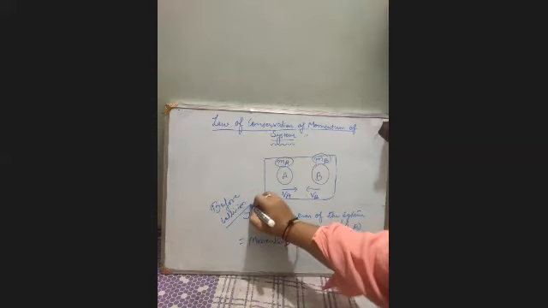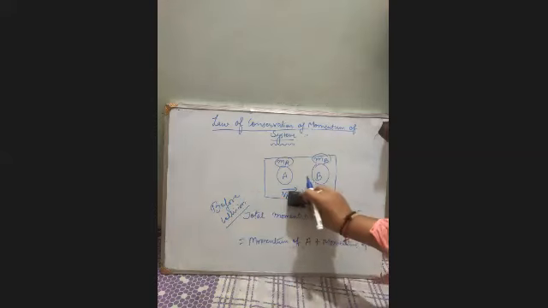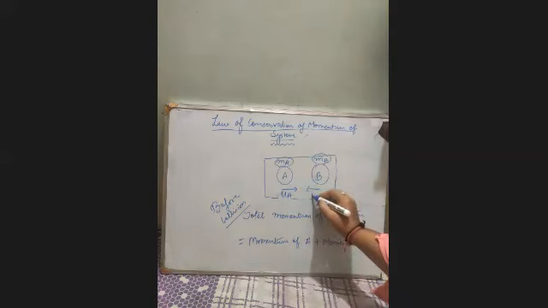Before collision, A is moving with the velocity ua and B is moving with the velocity ub.